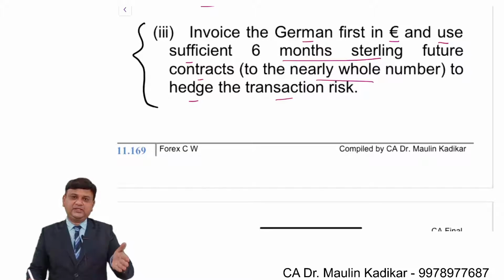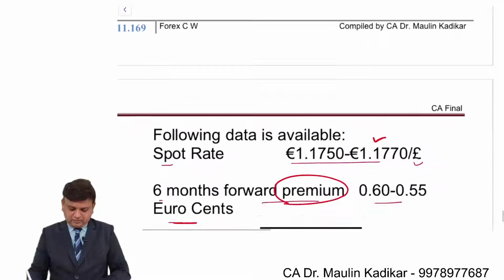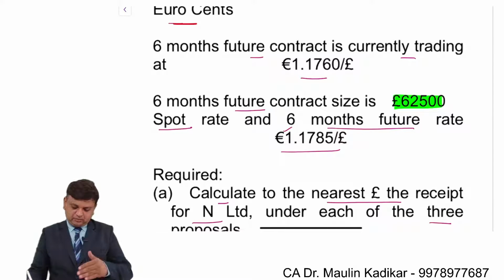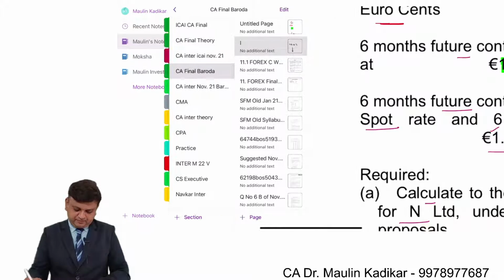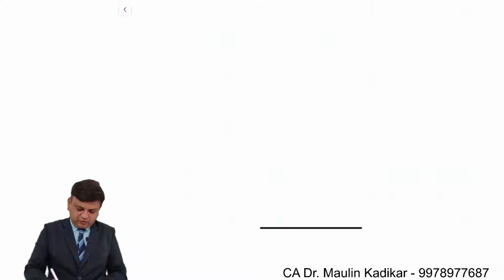Again we have to go in the sequence as what we have discussed. We have been provided with the information about the futures rate as 1.1760 euro per pound. So write down the answer to the question. Heading, write down futures contract.